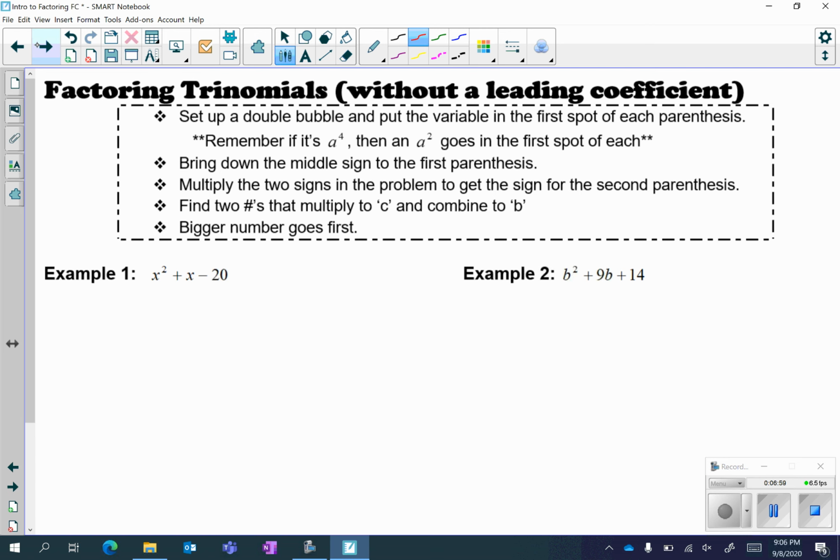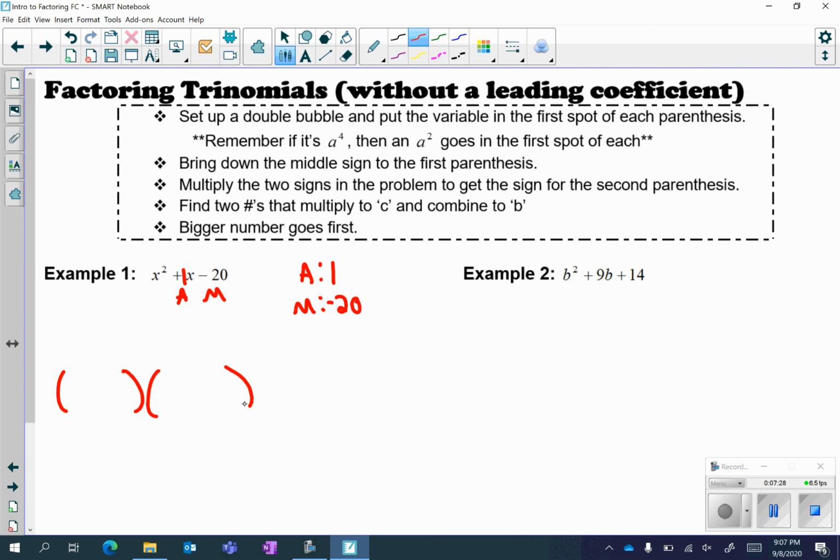Because we can factor this since it's a trinomial without a leading coefficient, you're going to find 2 numbers that add to the middle term of 1 and multiply to the ending term of negative 20. So what adds to 1 and multiplies to negative 20?